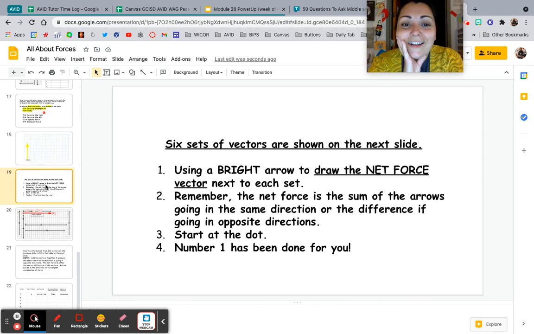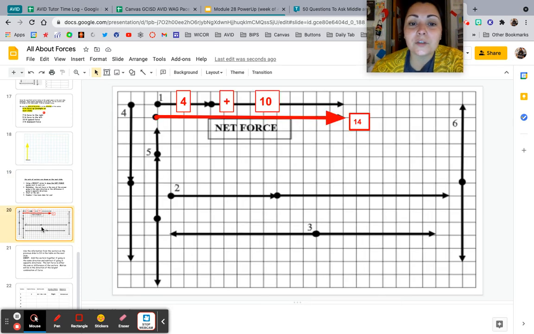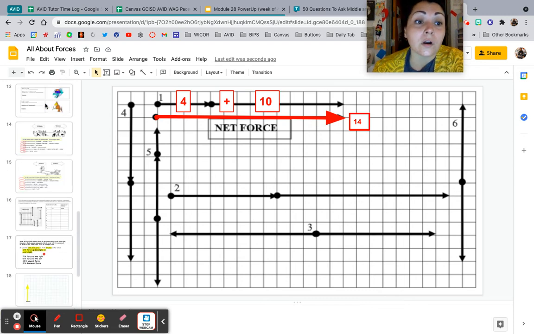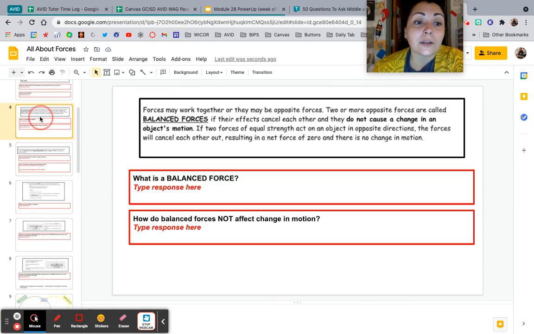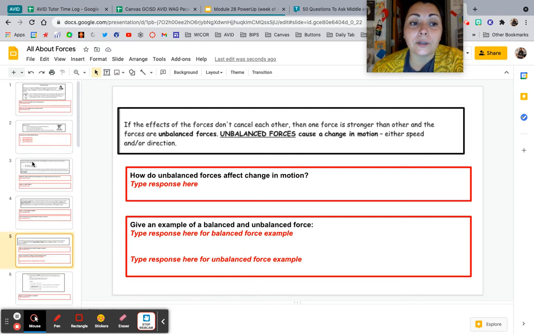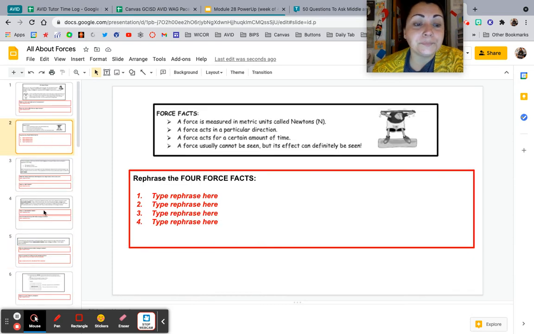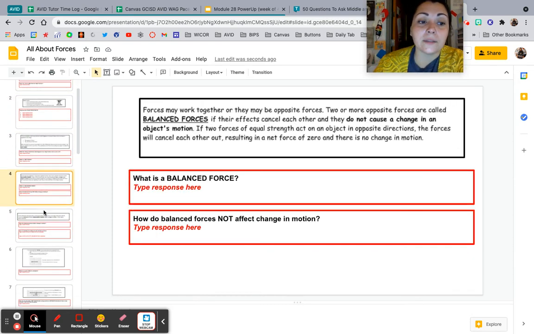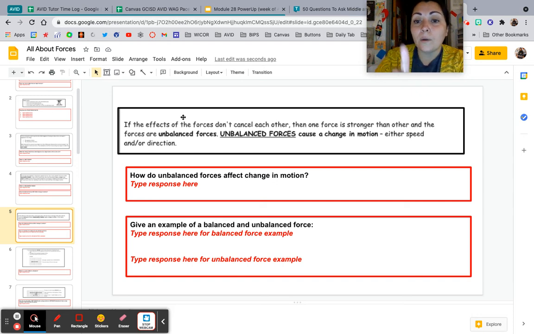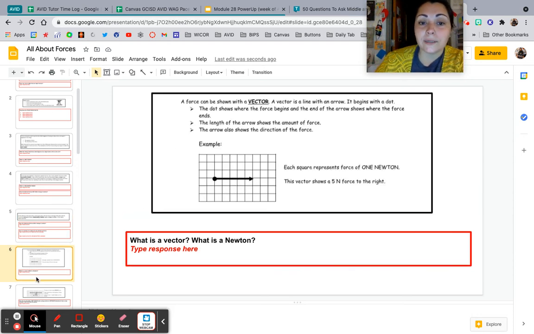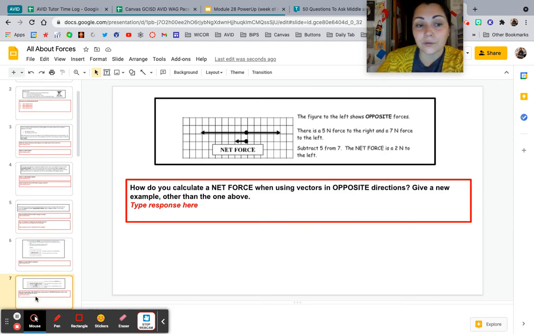Okay, y'all, almost there. So the 6 sets of vectors are shown on the next slide right here. So what you have to do is figure out what the net force of the vectors are. And remember, you figured out how to do that right up here by looking at whether they are balanced or unbalanced, but not only that, whether they are in the same direction or opposite directions.